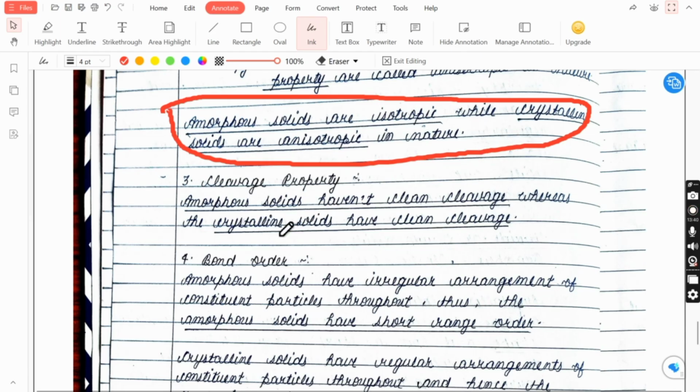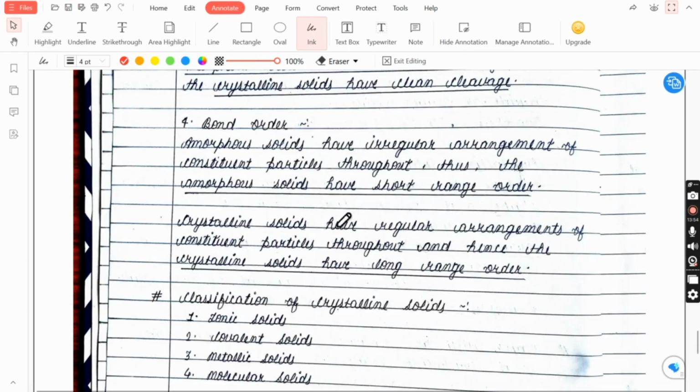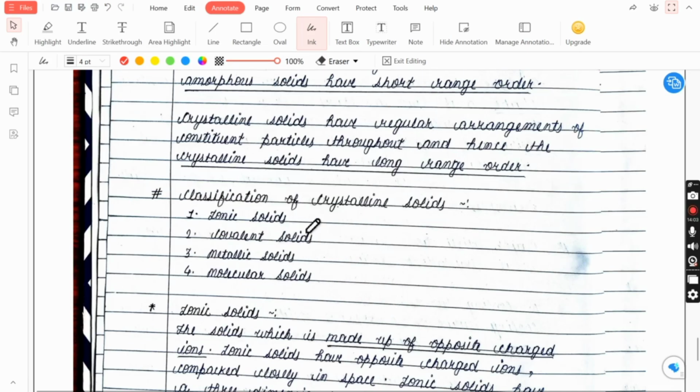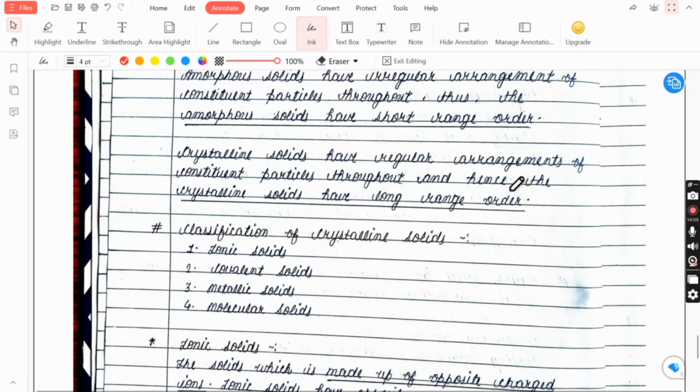Crystalline solids will mostly cut cleanly, in clean parts. The corners of the cut part will be very clean. So you should know the cleavage property. Then it is bond order. Amorphous solids have short range order, while crystalline solids have long range order. Okay. Then we are done with the comparison of amorphous and crystalline solids.